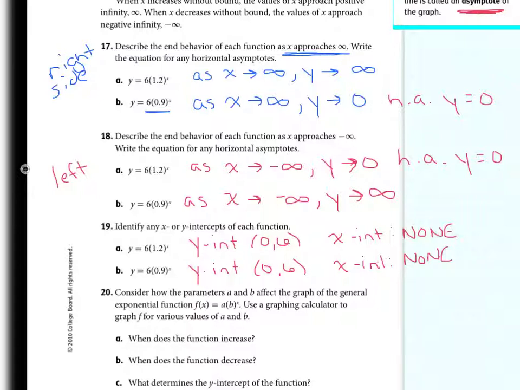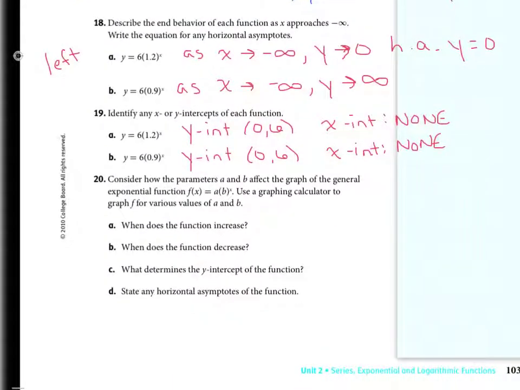So thinking on just the blanket function, a times b to the x, when will a function increase and when will it decrease? Well, we saw that it increased if a was greater than 1 and b is greater than 1.